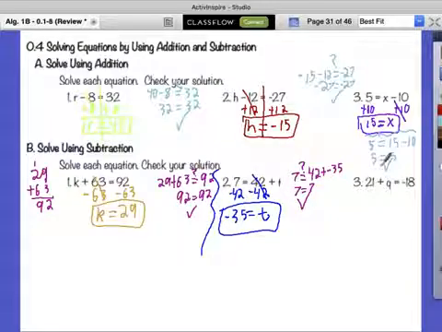Yes, ma'am, it would. For multiplication, you do 2 negatives.